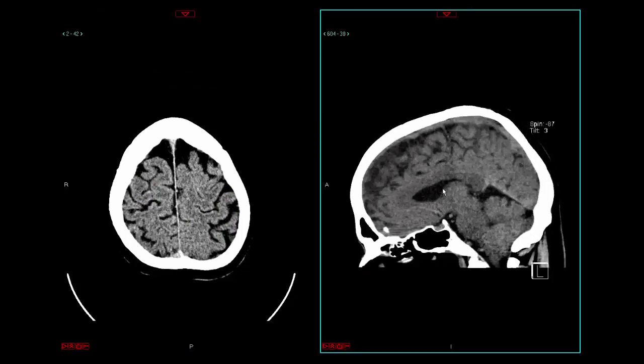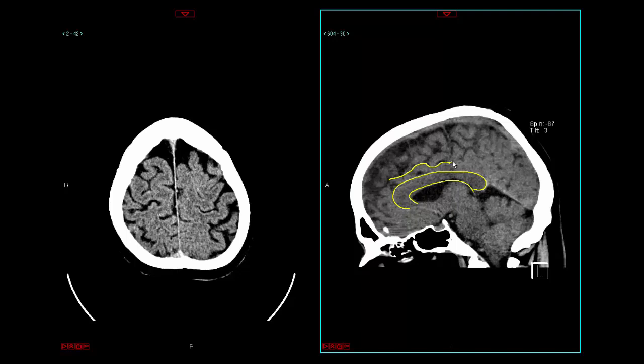I'm going to point out a couple of structures to you on the sagittal imaging. First of all, we're all pretty familiar with this large white matter structure sitting right here, and that's the corpus callosum. Sitting on the corpus callosum is what we call the cingulate gyrus, and that cingulate gyrus along its superior margin has what we call the cingulate sulcus, and you can make it out here.